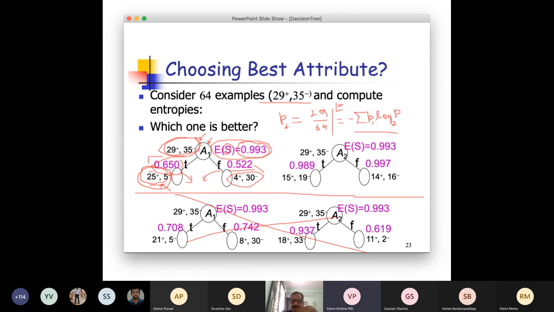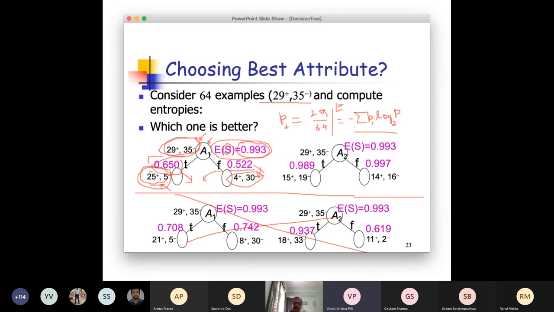I am saying if P plus is higher, the entropy will obviously be lesser. But at the other end, suppose both are similar, say 4 plus and 4 minus, then the entropy of this node is quite high.